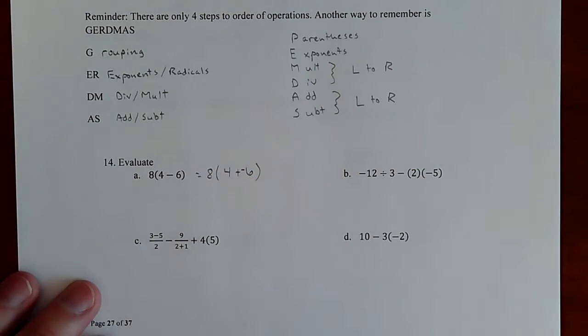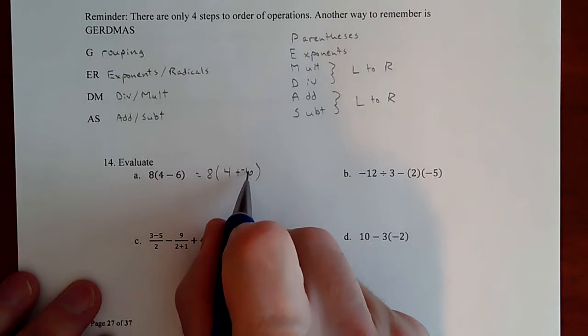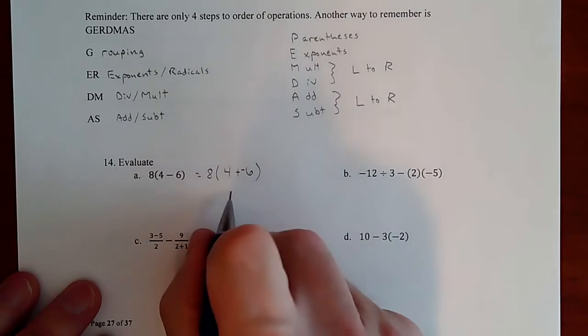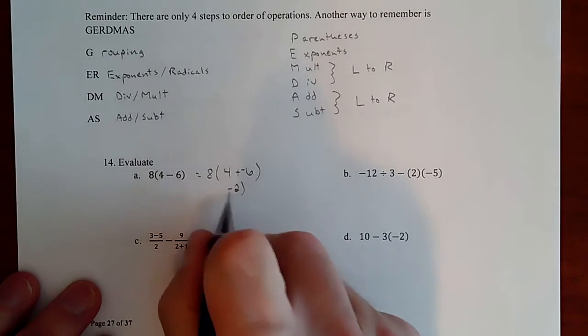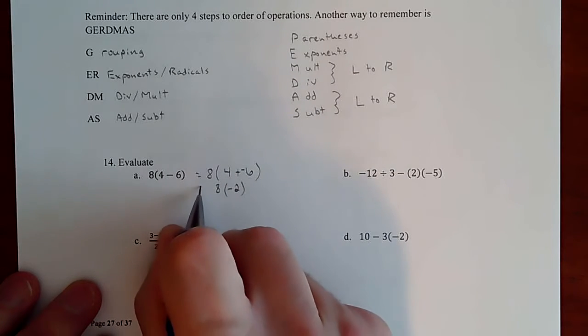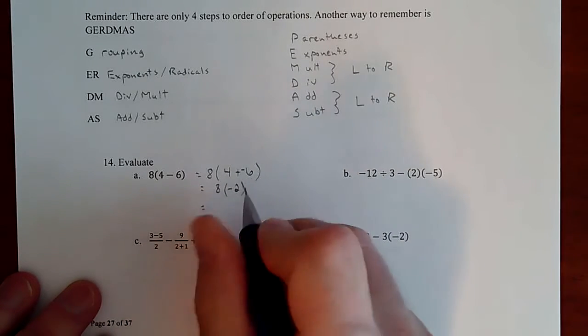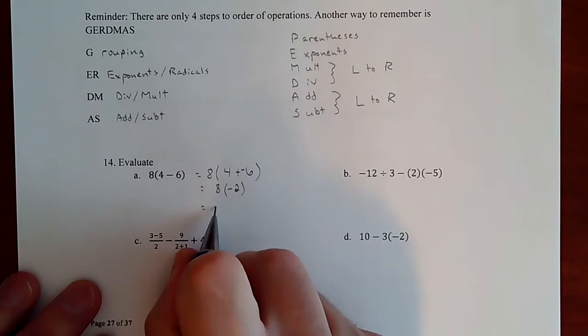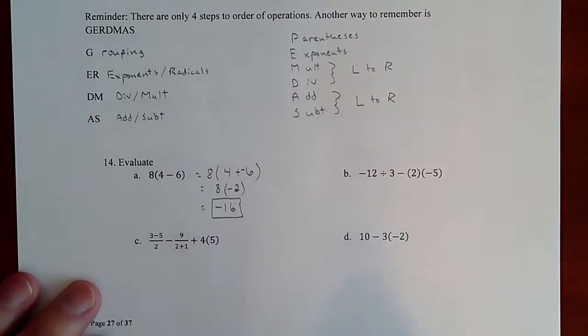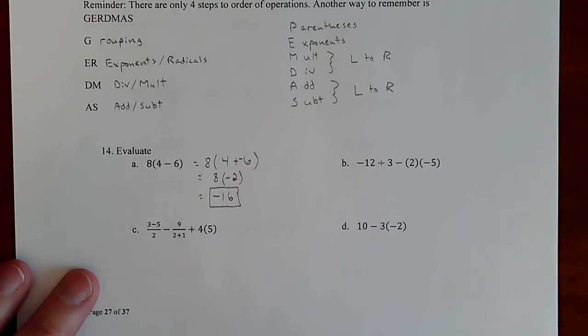To me, that works easier in my head. So now I have negative 6 and a 4 going together. I have more negatives by 2, so negative 2. And then I still have this multiplication of 8 that I need to take care of. So 8 times negative 2, positive times a negative is going to be a negative, and 8 times 2 is 16.